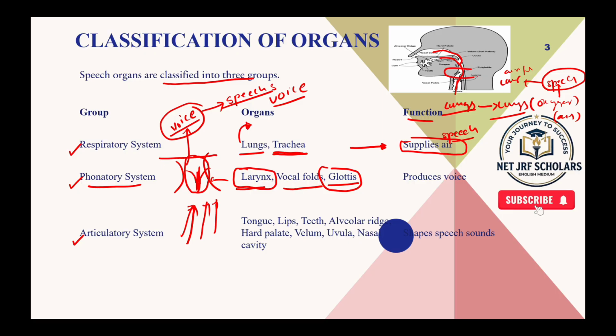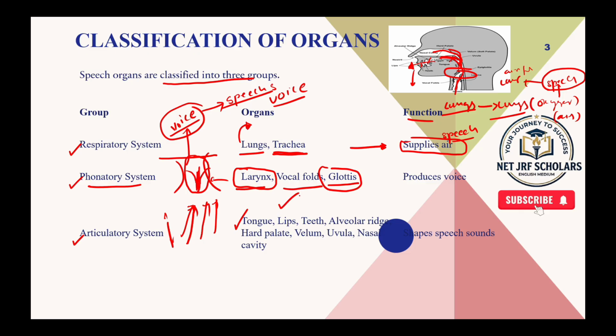Once it comes to the top of this, the air starts being modified by touching different parts of the oral cavity. So the sound that comes out of the mouth appears different, or you perceive it differently, based on the flow, touch, and obstruction that has happened in the oral cavity. That is the articulatory system.